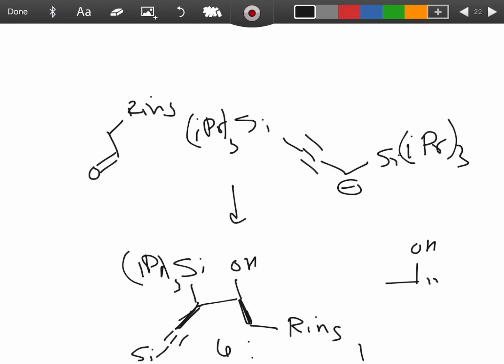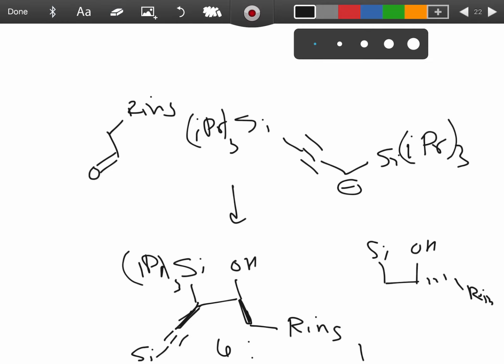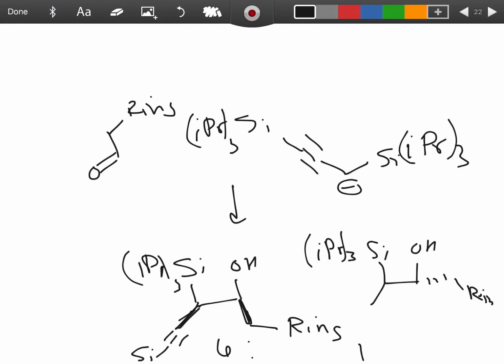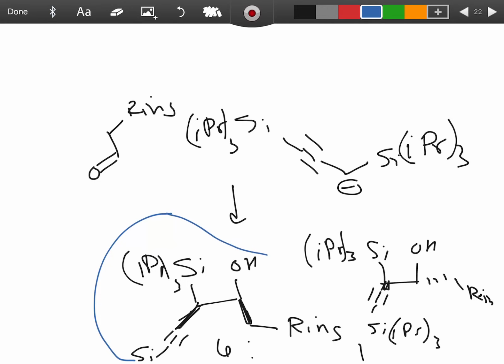The ring group is back. Because the addition to the aldehyde is very selective for one diastereomer, we don't have to worry about separating out the diastereomers and doing two different reactions, because we can just rely on the reaction giving us the diastereomer that we want, that leads to the product that we want.